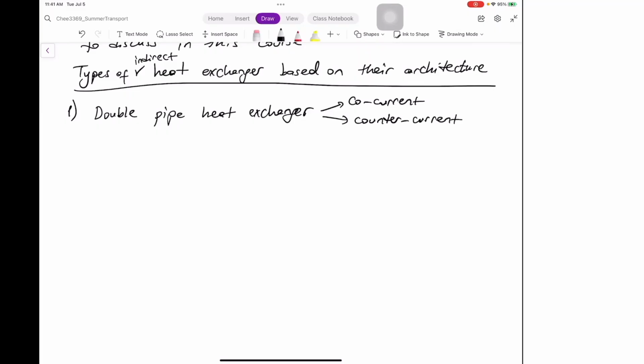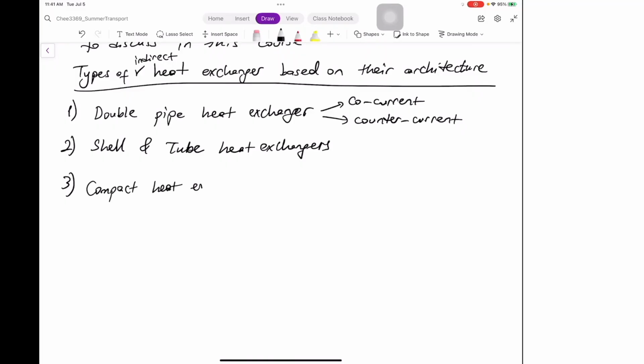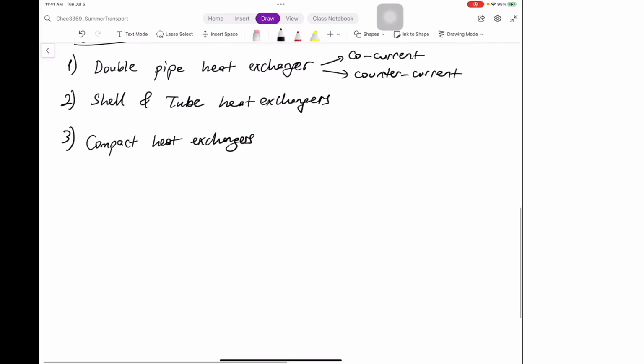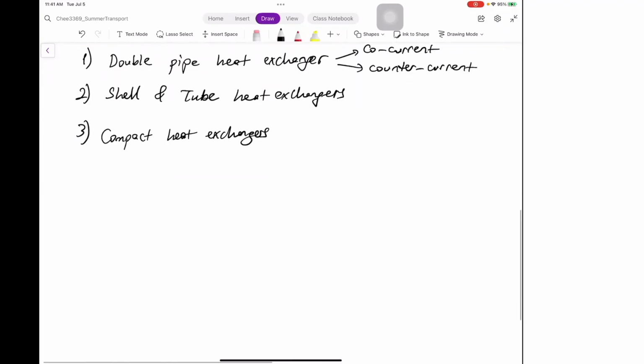Okay. We'll talk about them. Second type is shell and tube heat exchangers. And the third type is compact heat exchangers.